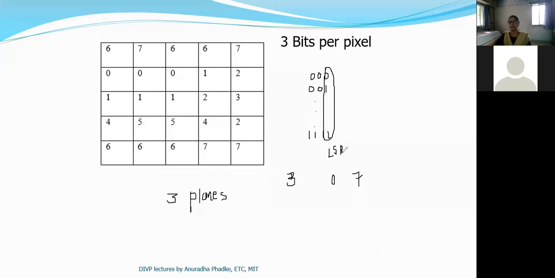Similarly, we can get the most significant bit plane by collecting most significant bits of all these pixels. And the third plane, which is the middle plane, we can get by collecting the central bit or middle bit of all these pixels. Okay, so corresponding to 3 bits, we can get 3 binary planes.